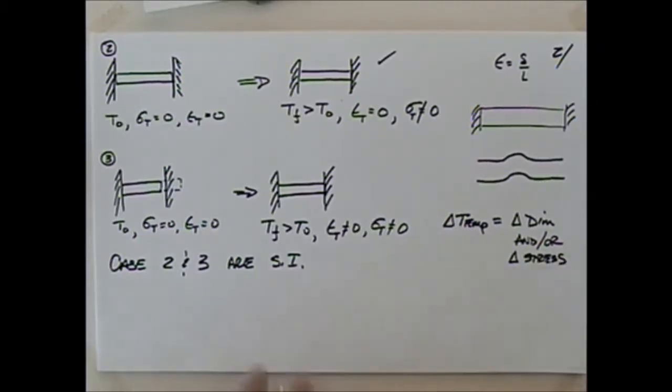If it's restrained, it's not going to change in its dimension, but it's going to change in its stress. So this is going to be a big deal when you start building stuff. You can have thermal strains and then use that to your advantage, or end up having a lot of trouble with it.